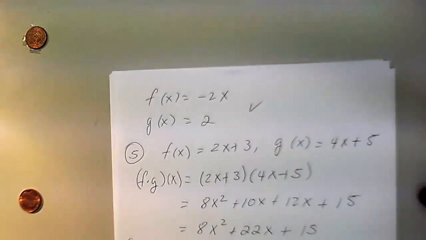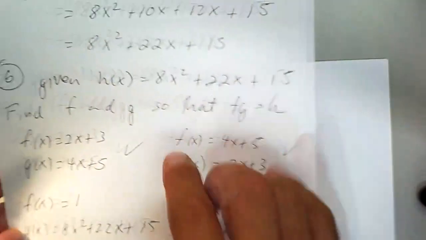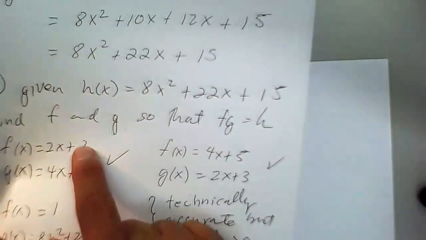And then unnecessarily complicated examples of this could be, so I'm still under example 6. Say you want to decompose this into two functions.